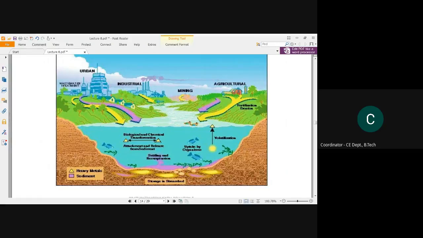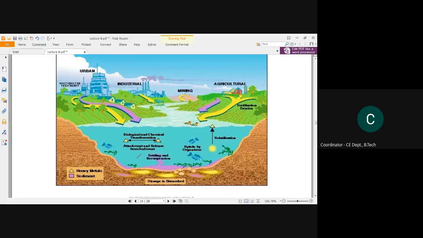So this fertilization exposure from the agricultural part falls into the local water channel, which may be the river they generally use for drinking water or for their regular household matters.